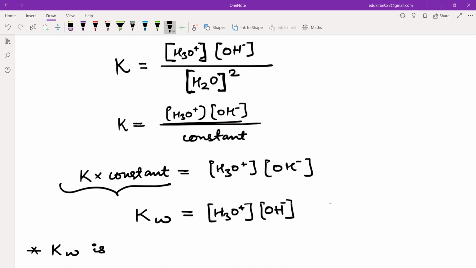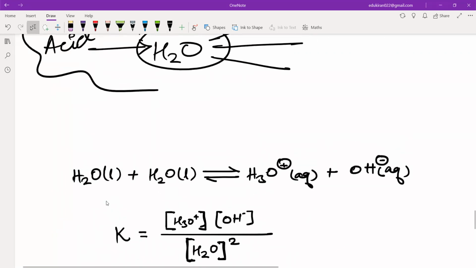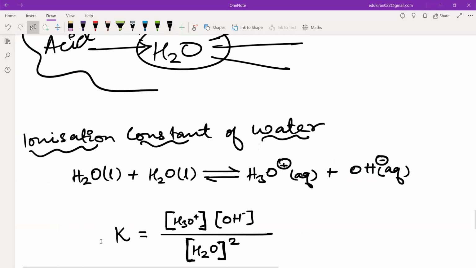Kw is also known as the ionization constant of water. Okay, and then you copy these things down.